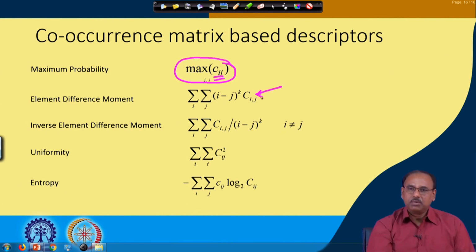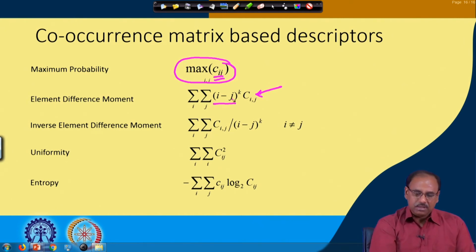For the element difference moment, you find that if the larger values of C i j are concentrated around the main diagonal of the normalized co-occurrence matrix C i j, then the value of the element difference moment will be very low because of this factor i minus j to the power k.